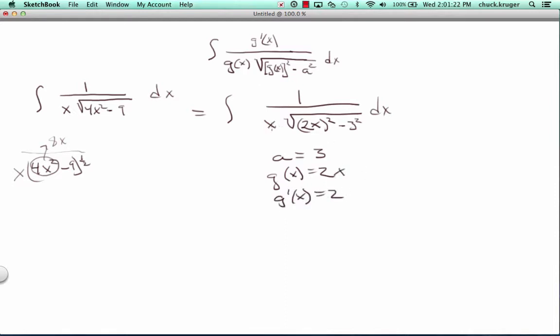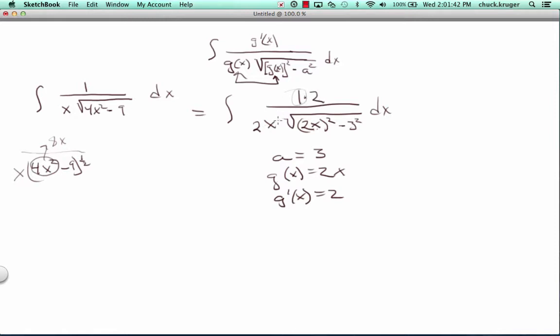Now that means a couple of things. If you notice, right here these two things match up. Well, I have a 2x here and I have an x, so what I need is a 2x here, so I'm going to put 2 there. But I also need the derivative of 2x on top, which is 2. Which is fine, because 2 over 2 is 1.